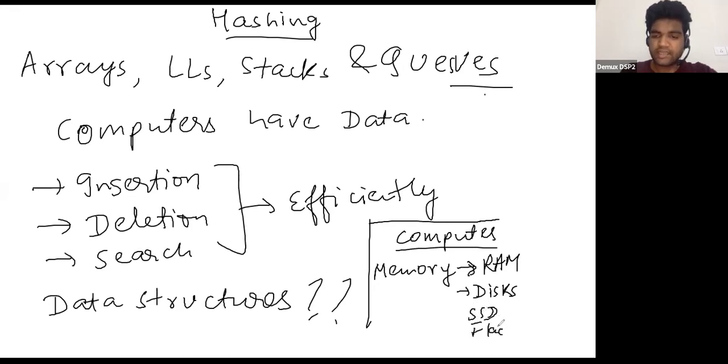So these are the places where you store data, but you want to store data in a specific manner so that tomorrow when somebody gives you a new piece of data, you are able to put it efficiently. You don't take a lot of time in inserting that data item in the container.